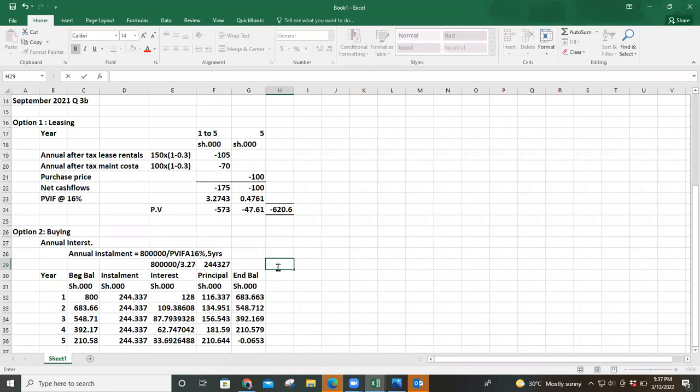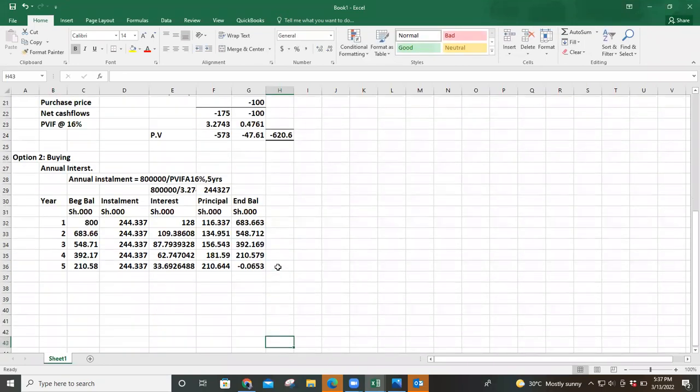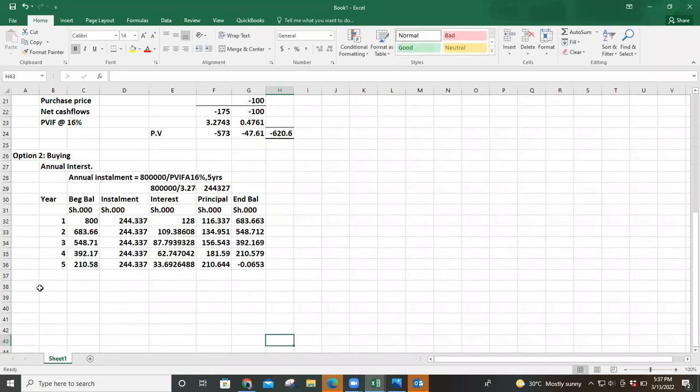Let's also do the depreciation, because it's on reducing balance. Annual depreciation. The asset will be depreciated over a 5-year period.